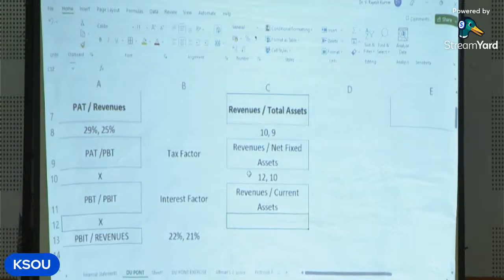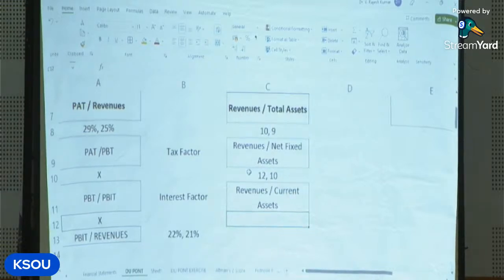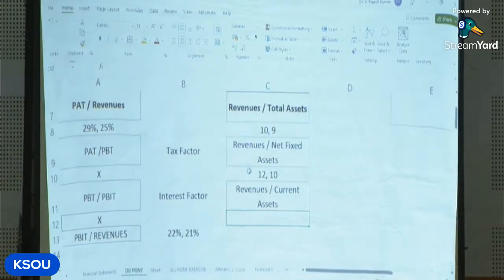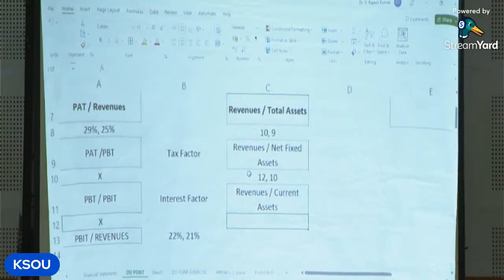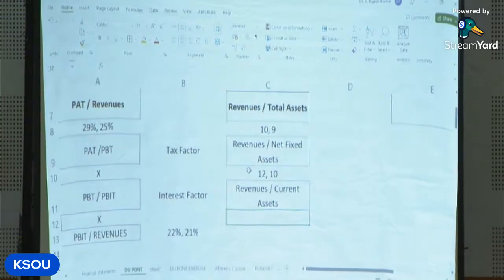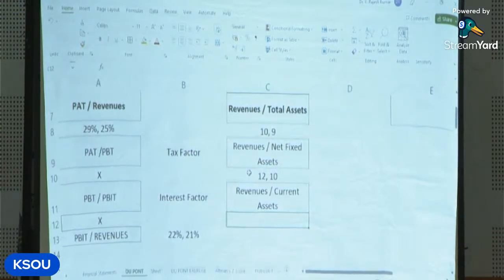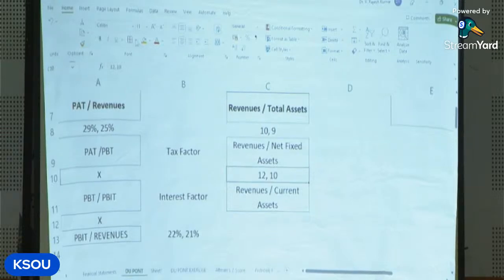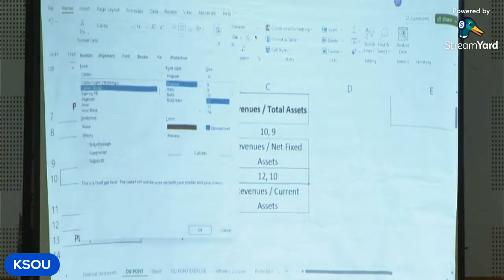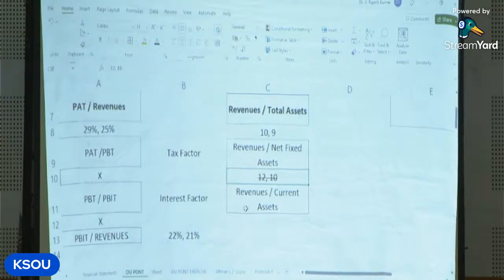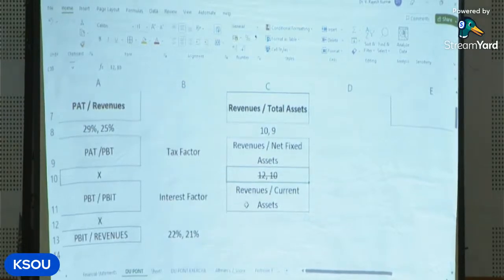Let's say last year demand was less, production was less, revenues were less. How is fixed asset connected to that? Or last year there was a short supply of raw material, so production was less, sales was less, revenue was less. Can we blame fixed assets for that? No. So even though we calculate the fixed asset turnover ratio, we don't take this seriously. Just ignore it. The number can have some meaning, but we generally ignore it.